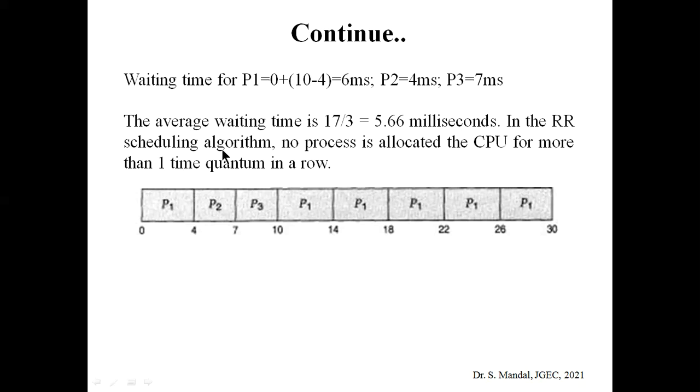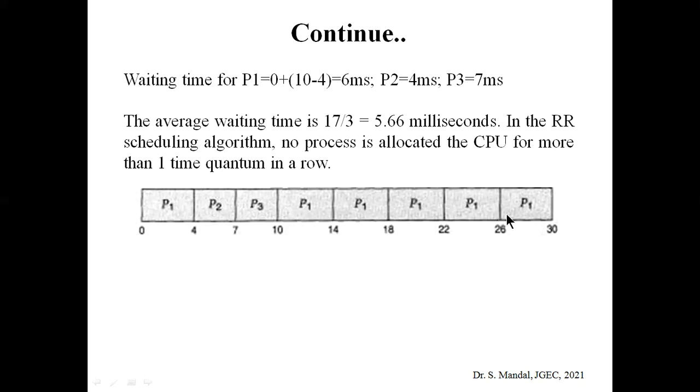Okay, so in the RR scheduling algorithm, no process is allocated the CPU for more than one time quantum in a row. So if there are many processes in the ready queue, no process is allocated the CPU for more than one time quantum. Here P1 is allocated for one time quantum, then P2, then P3, and it will be repeated until all the burst time is completed.